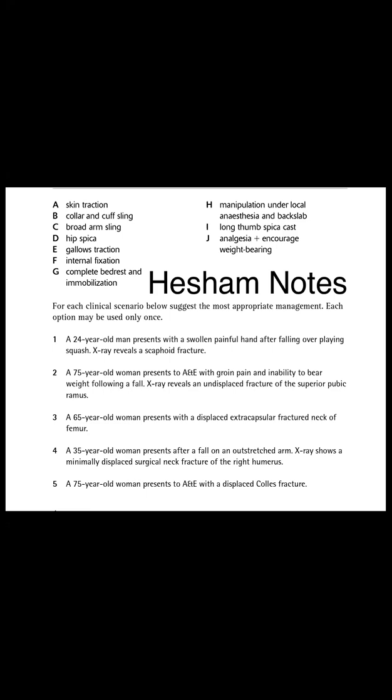In this patient, you will put a slab due to dorsal angulation, so there will be palmar flexion and ulnar deviation to the distal segment. Then manipulation under anesthesia and put a slab. So 5 is H. 1 is I, 2 is G, 3 is F, 4 is B, 5 is H.